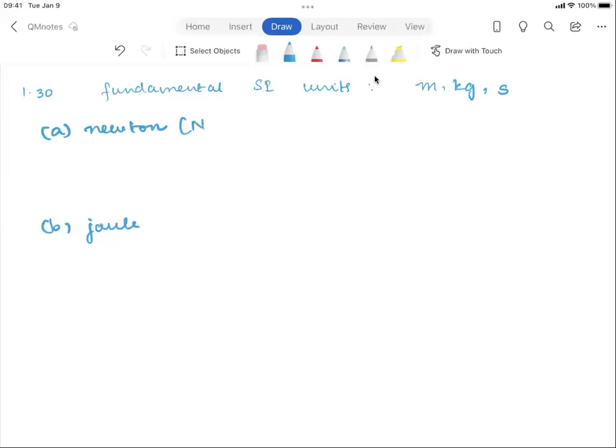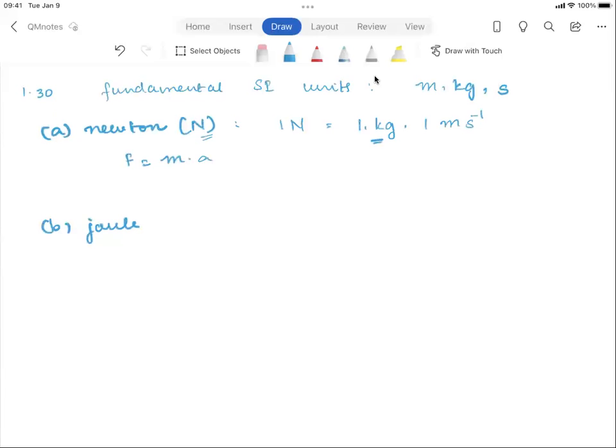So Newton is the unit of force. Force can be expressed in newtons, and 1 Newton is equal to 1 kg times 1 meter per second squared, where you can think of force as the product of mass times acceleration.